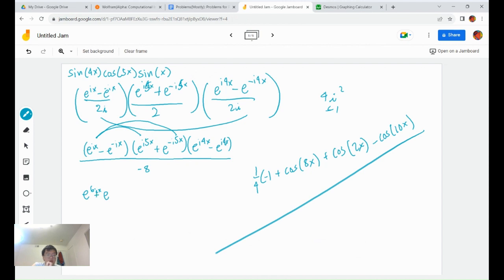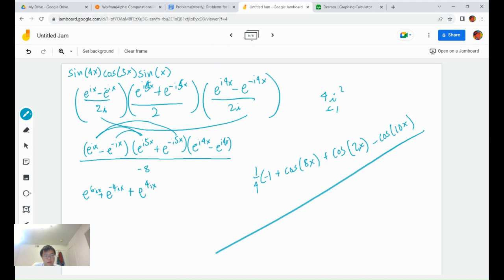It's plus, right? I'm trying to remember how to do polynomials. It's been a long time since I used actual polynomials. So that is negative 4ix, and then over here would be plus e^(4ix).